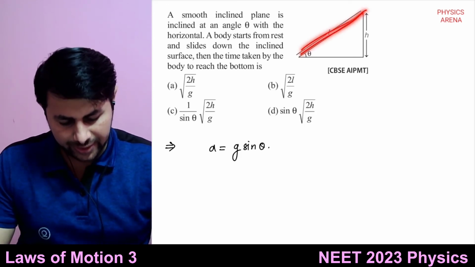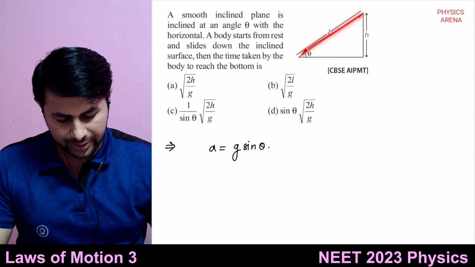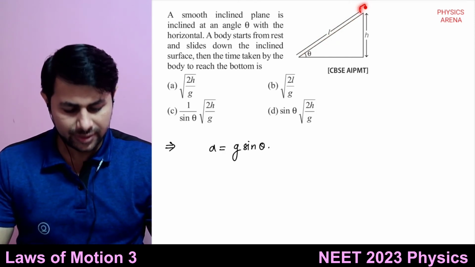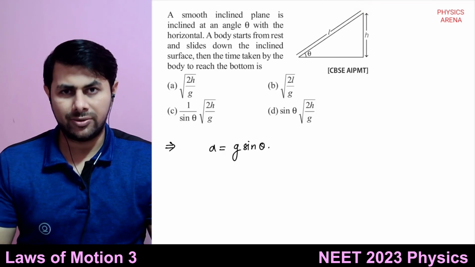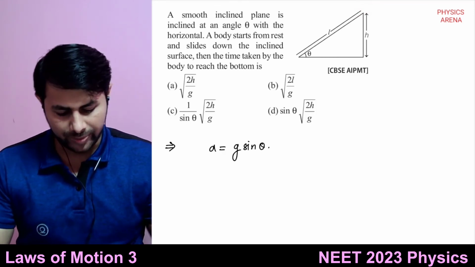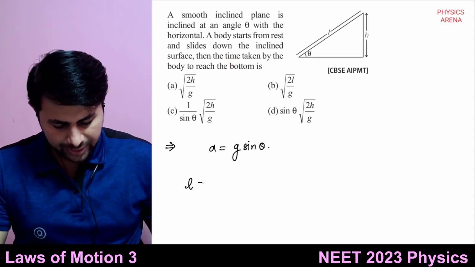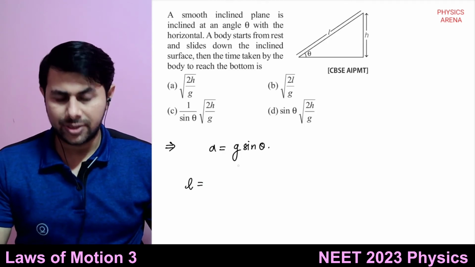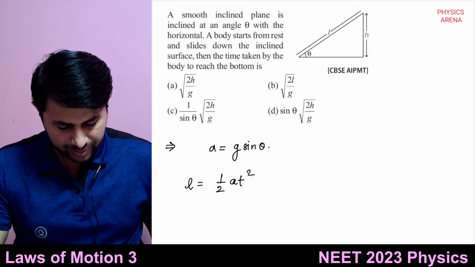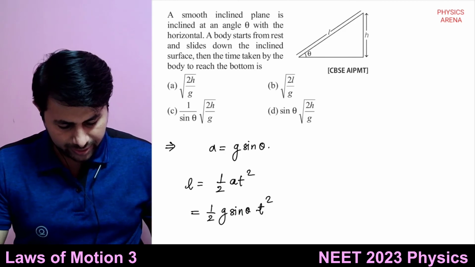And it slides down this much length. So now we know the length, that means we know the displacement, right? And it is starting with initial velocity equal to 0. So s is equal to ut plus half at square, because we want to find out the time. So L is equal to ut, u is 0, plus half of at square, that is half of g sine theta multiplied by t square.